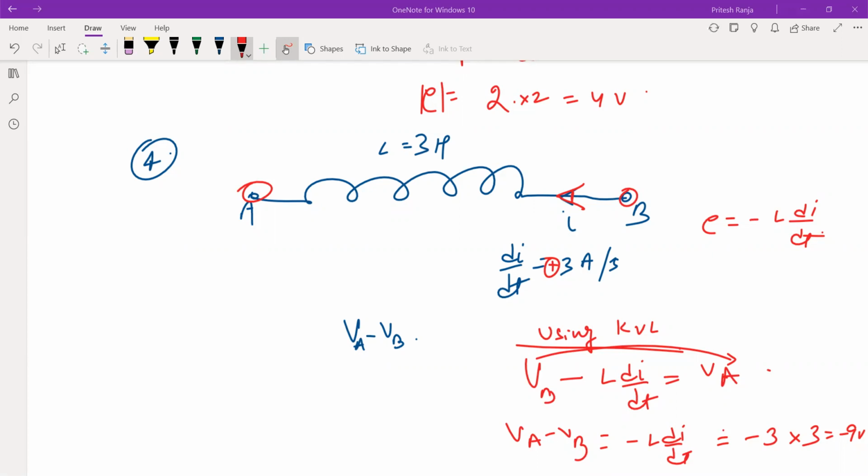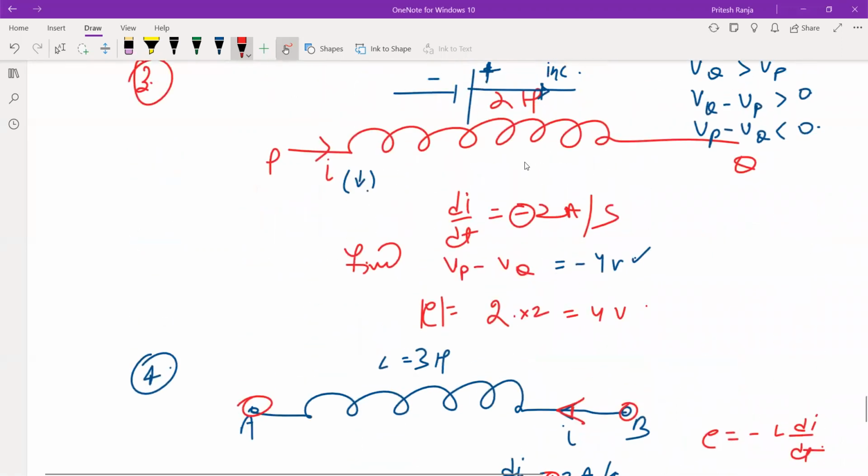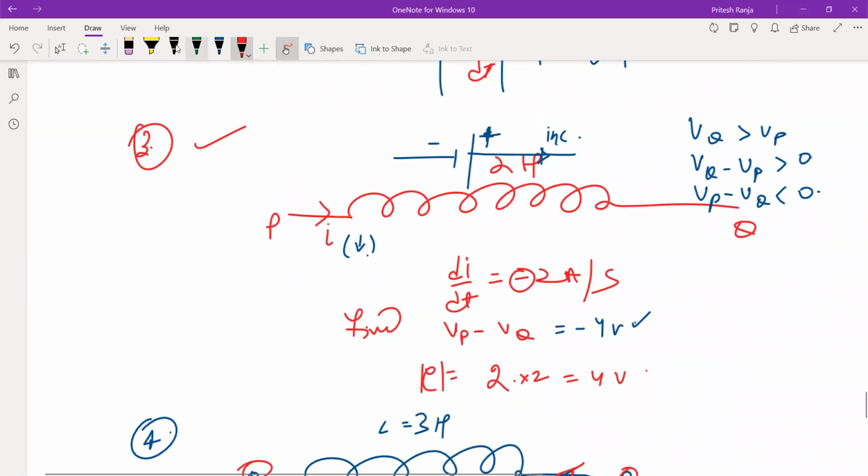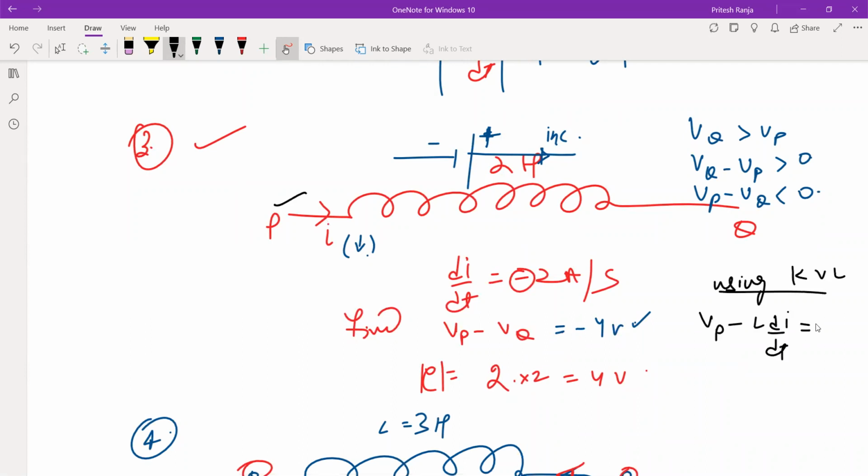Let us look at this situation. Let us apply KVL. So where will we start? Here. So Vp minus L di by dt is equal to Vq, and we have to find Vp minus Vq.